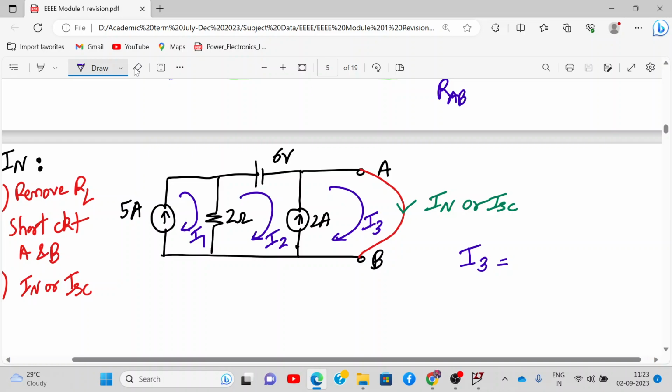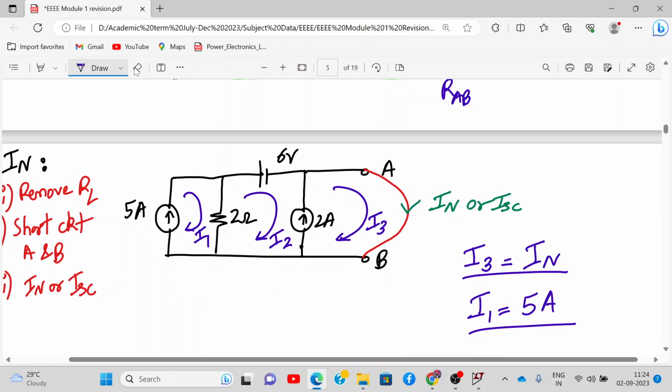So no, it's not that. Tell me what is I3? I3 is IN. That is what we have written. Now tell me what is I1? Just looking at the circuit, I1 is 5 ampere, because the 5 ampere source is only in loop I1, not shared. Are you following?